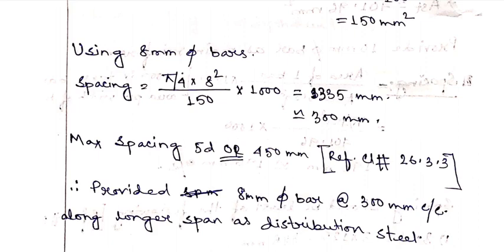Therefore, provide 8 mm dia bars at the rate of 300 mm center to center along the longer span as distribution steel. So the distribution steel part is also complete, but check once the clause number 26.3.3 about the spacing conditions.